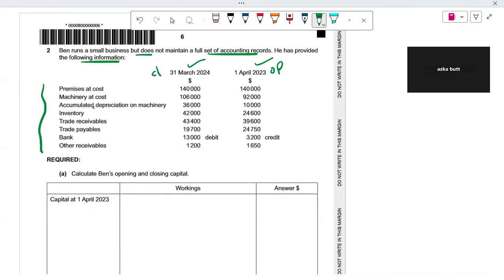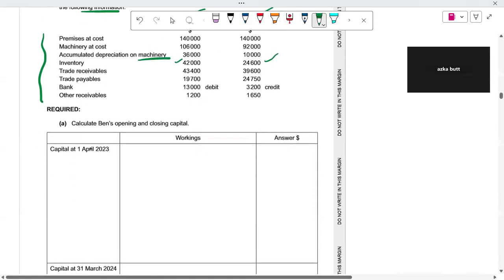We have the premises at cost, machinery at cost, depreciation on machinery, inventory. So this will be opening inventory, this will be closing inventory, trade receivables, trade payables, bank, other receivables. And now in the first part of this question, we need to find out the capital for the opening year and for the closing year.